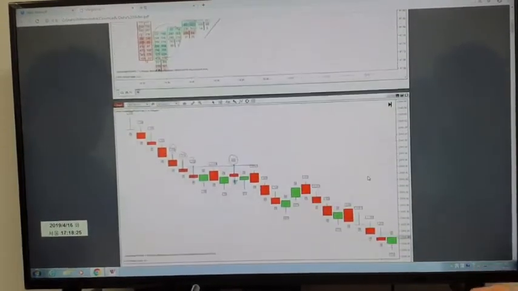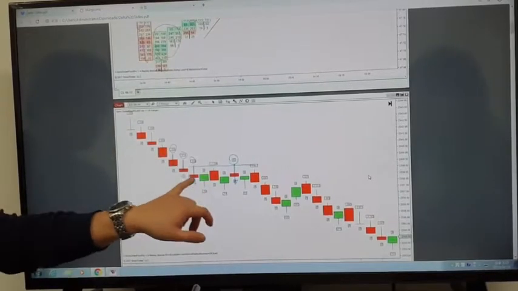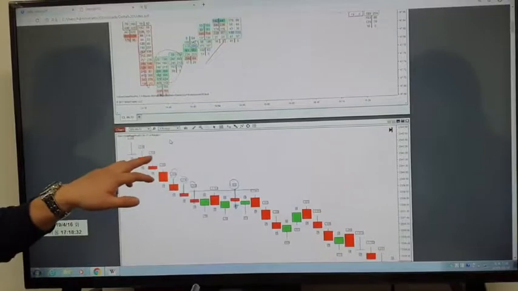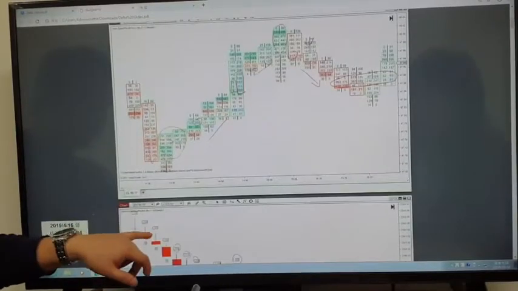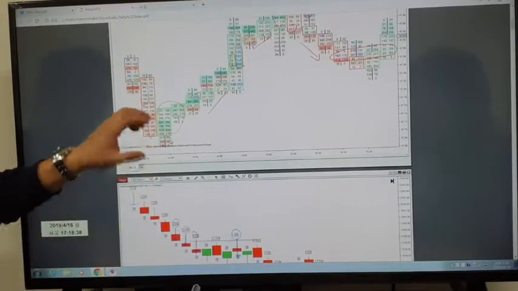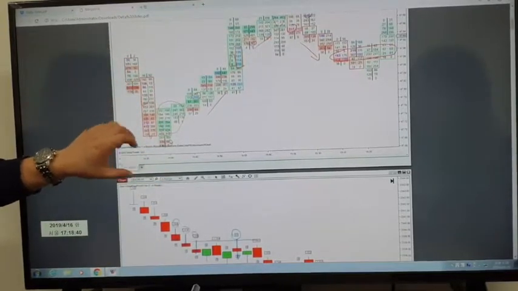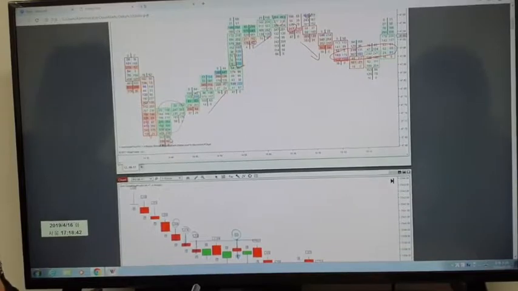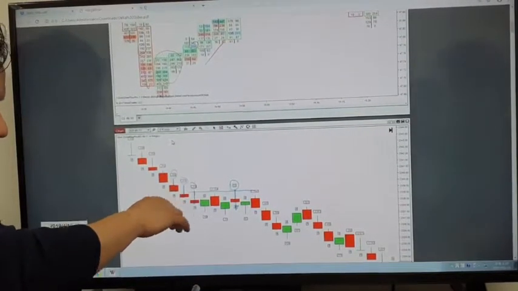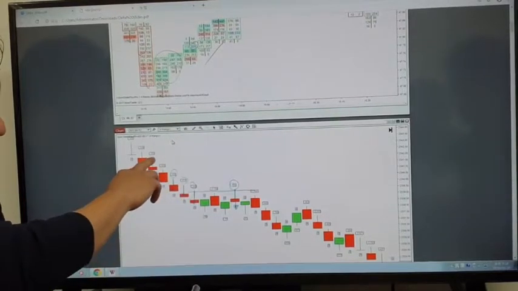Here's a reversal signal. This number is the difference, I call it delta: how many contracts get sold versus how many get bought. I computed this delta from the high to the close.